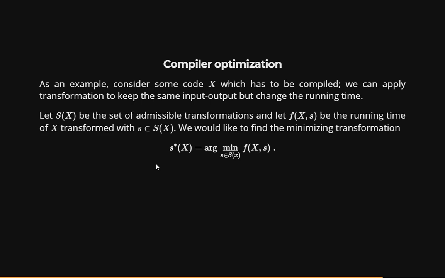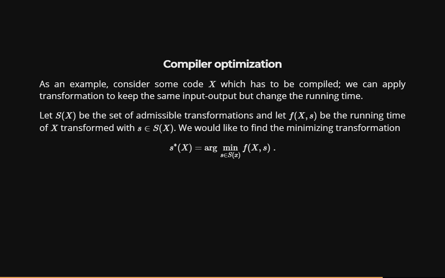Now, let S of X be the set of admissible transformations, so the ones that don't change the input and the output of your algorithm. And f of X and S is the running time of X transformed with S. Now, you are interested in finding the minimizing transformation, so the way to compile your code that minimizes the running time.